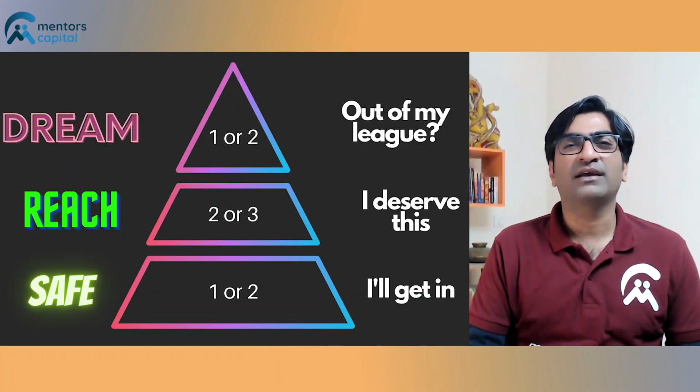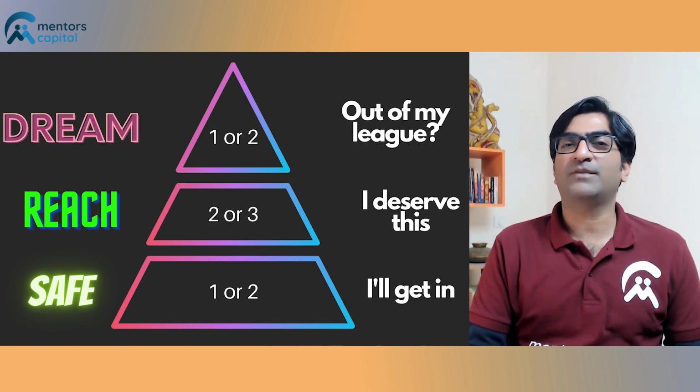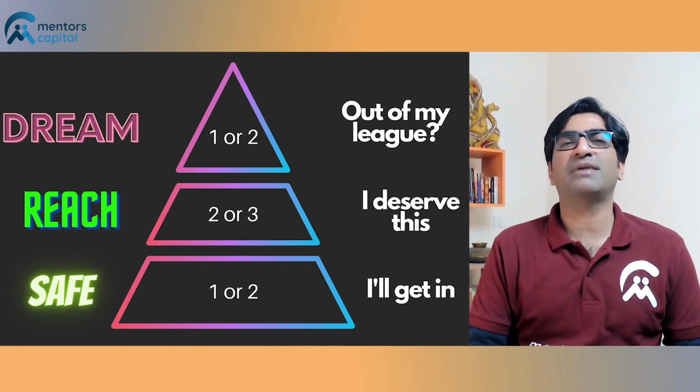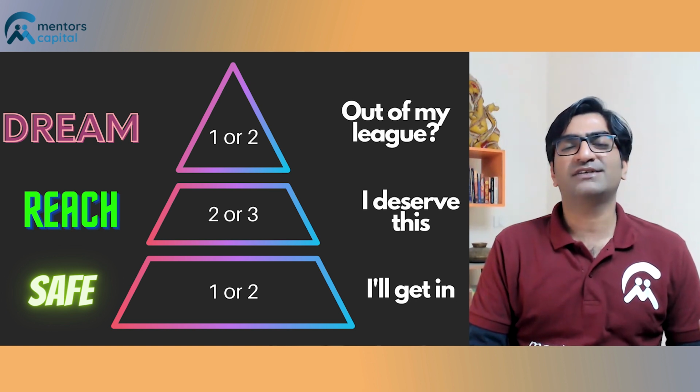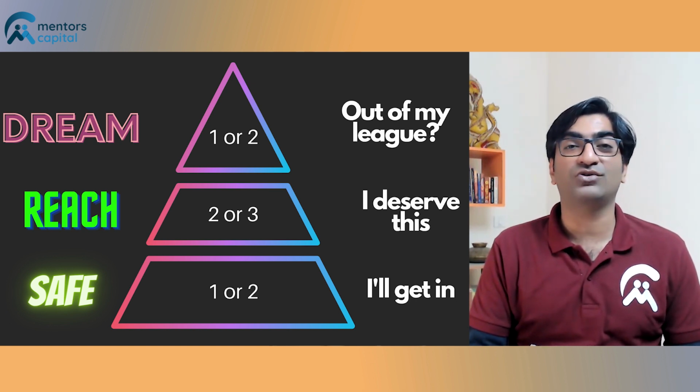And finally, don't just stop at the ones that match your profile. Also have a few that you consider safe, right? Where you're comfortable clearing the GPA requirements, your GMAT score or SAT score is far above the bare minimum prescribed by the university, and hence you feel comfortable about getting finally accepted by the university, right?